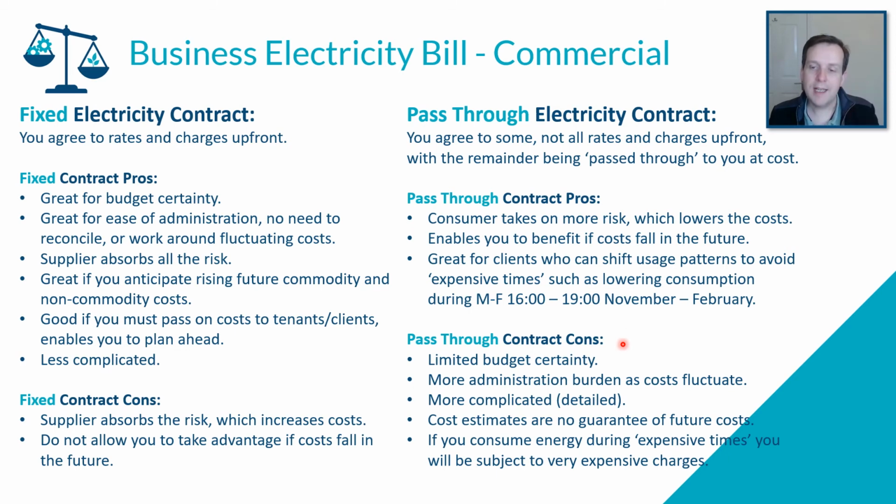But if they change their charges or the government decides different rates, if you're on a pass-through, that will directly affect your bill. If you're on fixed contract rates, you're fixed. So if any of that changes, your bill won't change. So if they go up or down, you have to pay the same price. On a pass-through, if they go up or down, your electricity bill will change.